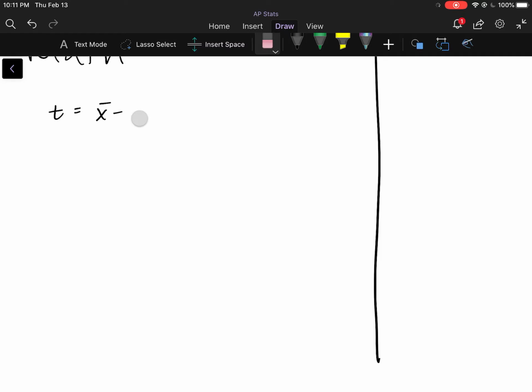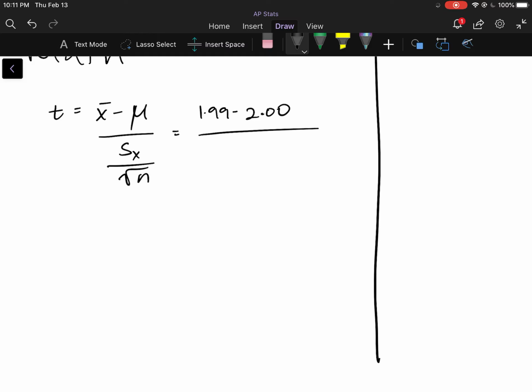Okay. Moving on to our math, I'm going to start with my t statistic equation. And I'm going to plug in my numbers. So I get 1.99 minus 2.00 divided by 0.03 over the square root of 12.